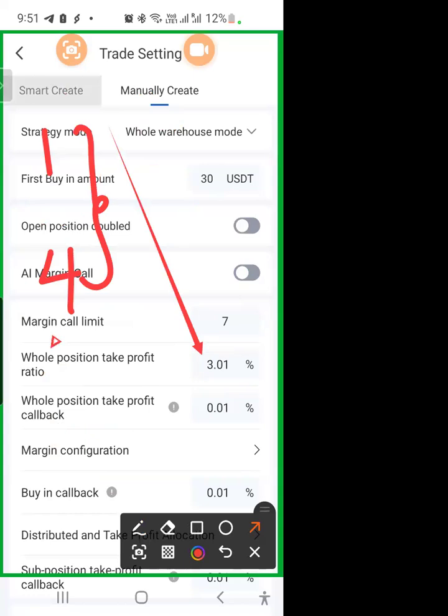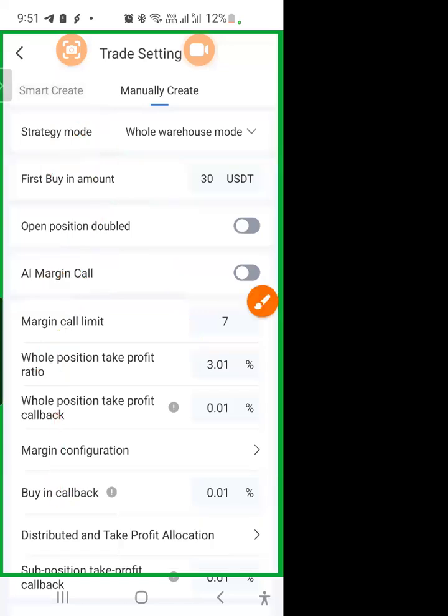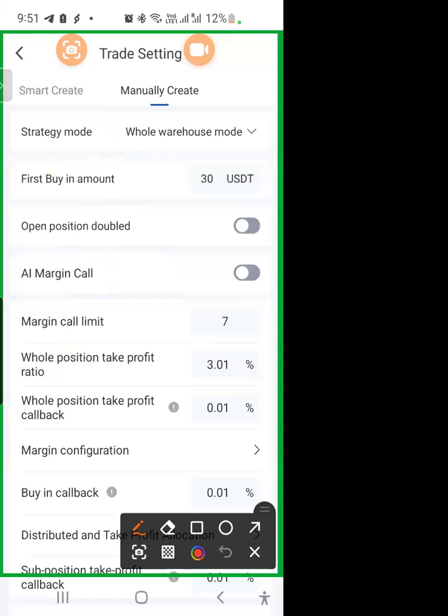Then why do we call the 50 going down sub-positions? Look here, ladies and gentlemen. Let us learn to understand, not to cram. First call, second call, third call, fourth call. You have exposed the 30 here.